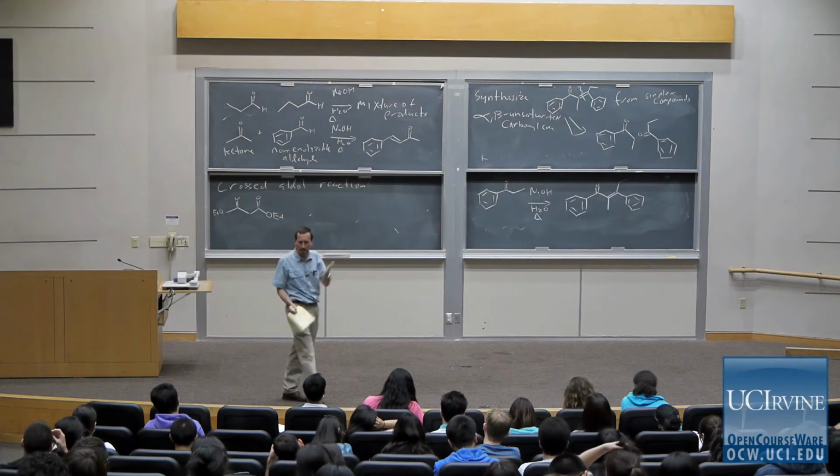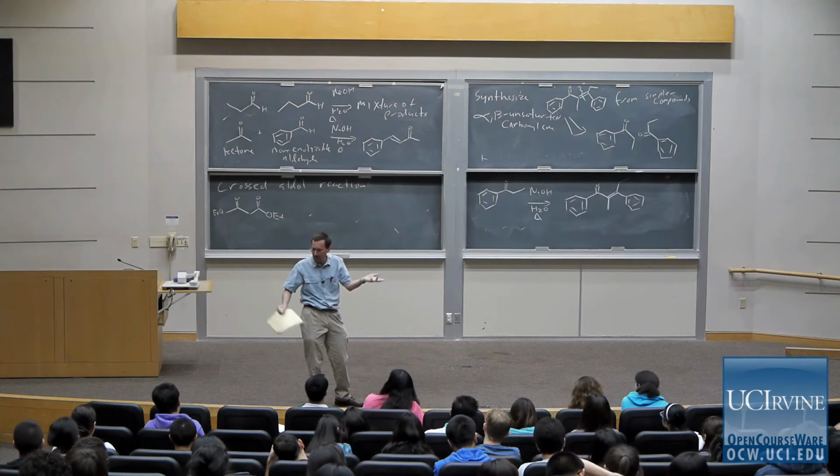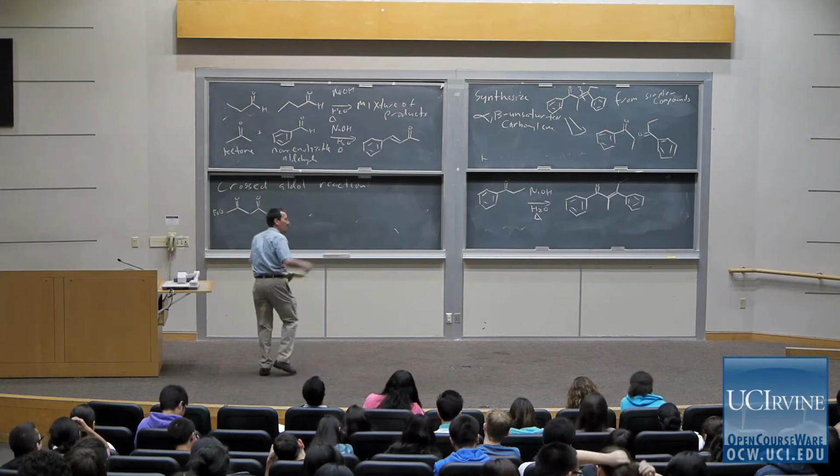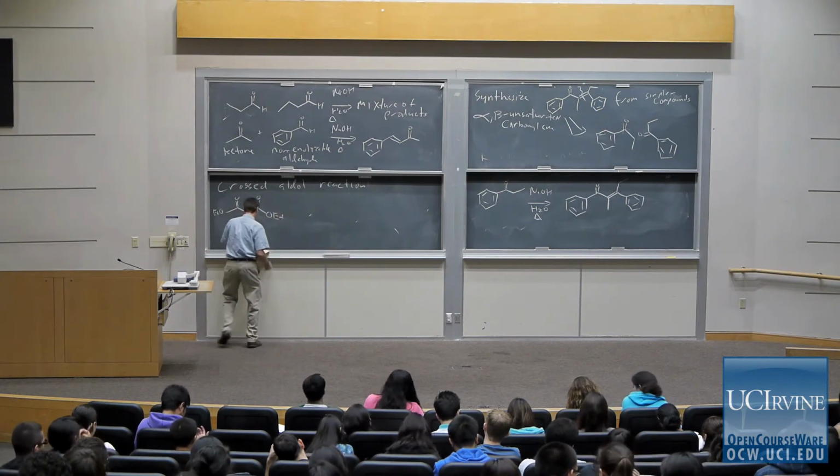You want to keep one number in your head, just keep 10 or 11 for all of these 1,3-dicarbonyl compounds, extra acidic. I'll get to your question in a second.